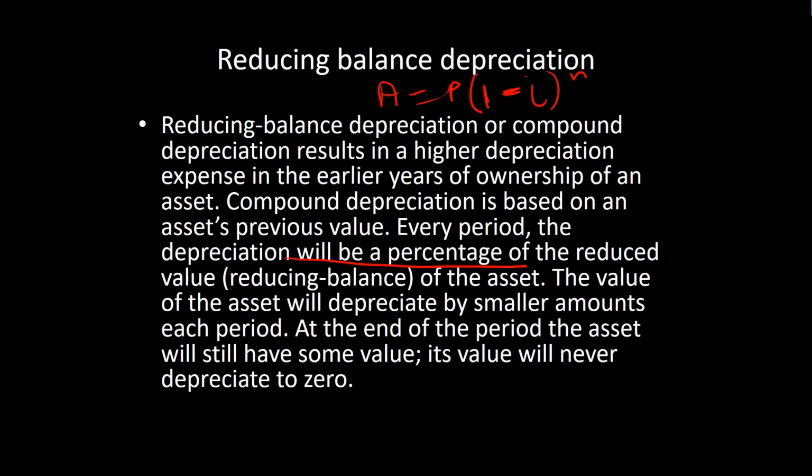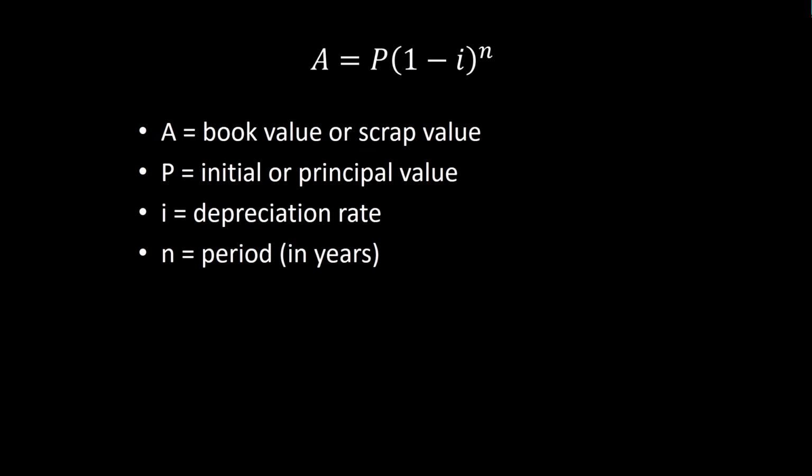The value of the asset will depreciate by smaller amounts each time, and at the end of the period, though, the asset does not reduce to zero value. What is left is what we call scrap value. So it never really depreciates to zero. The value that you're left with of your asset is something that you can sell off for scrap.